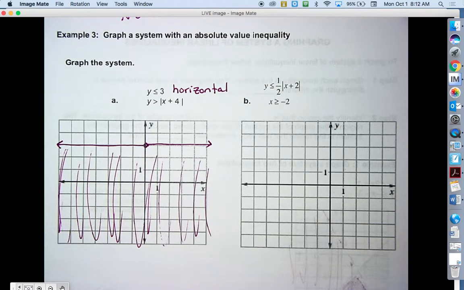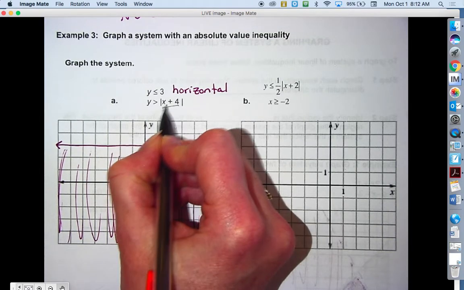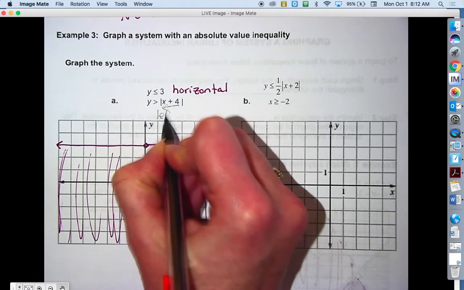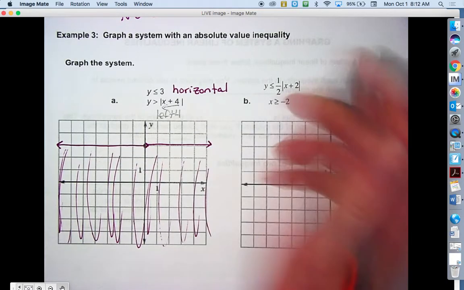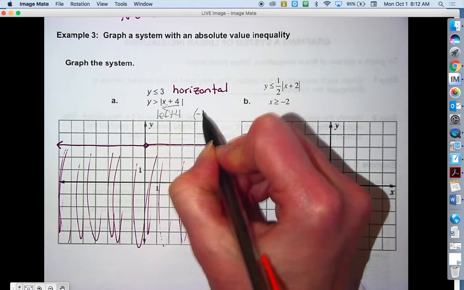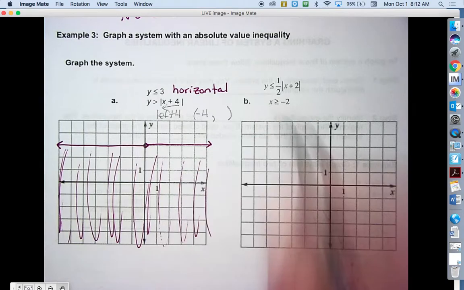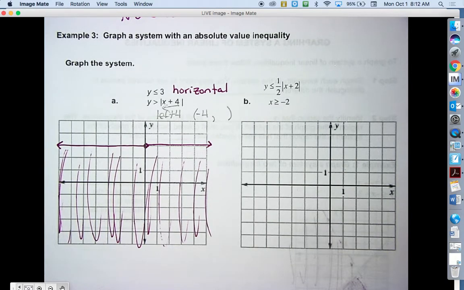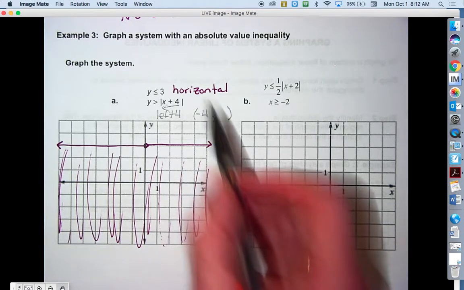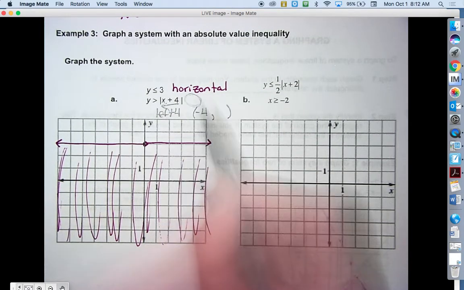Connor? It shifts it to the left. Yeah, so this graph is moving left 4. That means the vertex is going to be at -4. Connor, does the graph move up or down at all? Is there a number being added or subtracted back here?